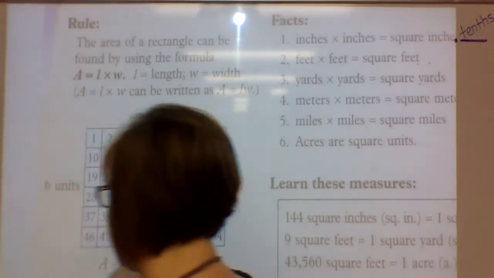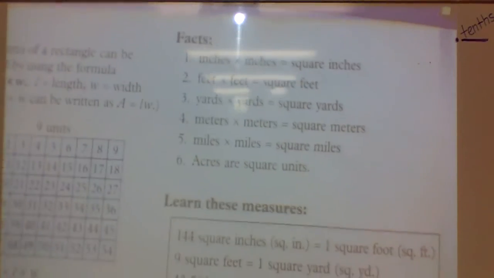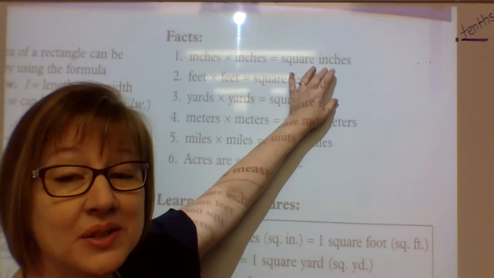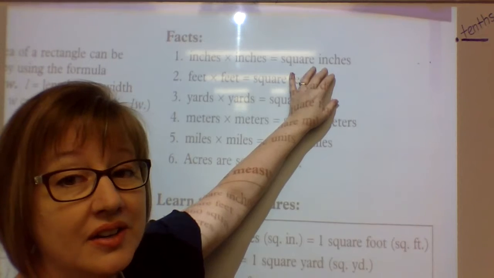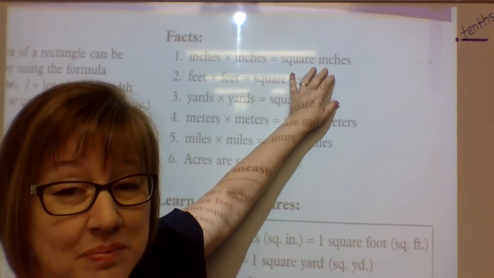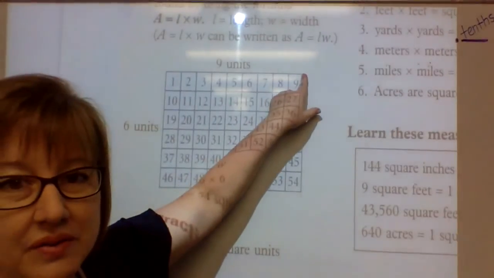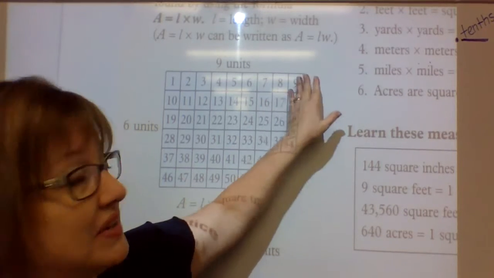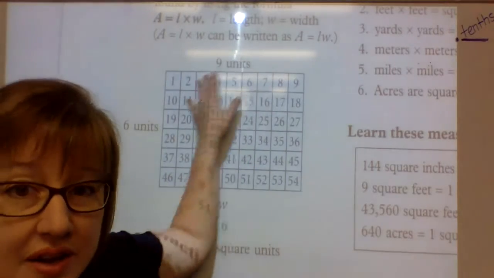Area equals length times width. Remember how we started to learn these at the beginning of the year? How many square inches are in a square foot? 144, because then the shape would be 12 times 12. A foot is 12 inches, so 12 inches by 12 inches makes 144 square inches.